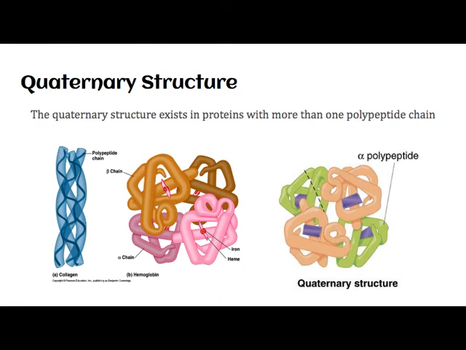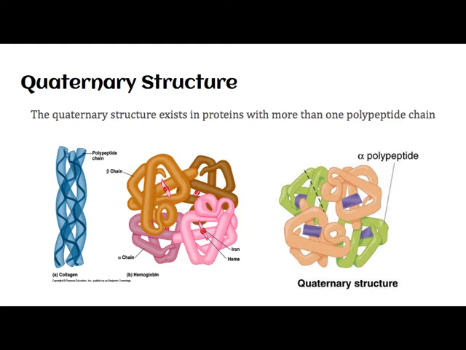Some proteins will have a prosthetic group. In medicine, are you familiar with prosthesis or prosthetics? Like you cut your feet and then they put a metal leg. That's called prosthetics. The same idea here. When I say prosthetic group, you're adding a non-protein molecule to your protein molecule.